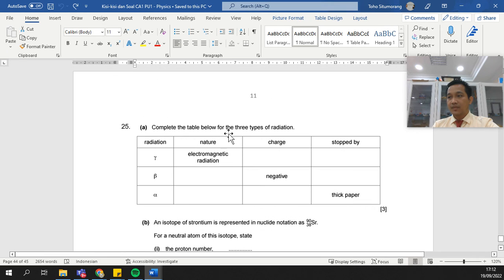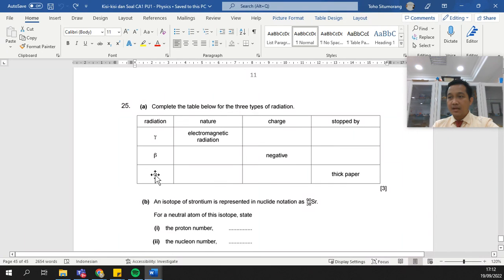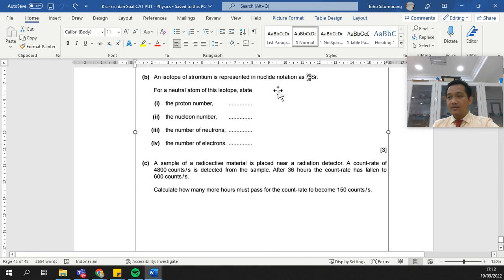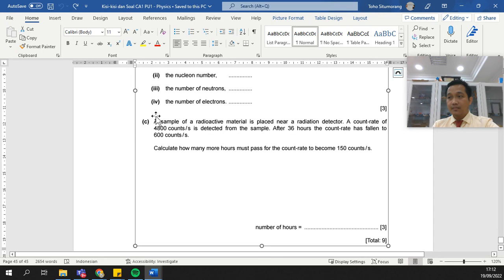Okay. About this, remember alpha is a helium nuclide. Beta is similar to electrons. While the other numbers you can check. But in letter C, most of the mistakes are in how you calculate how many more hours instead of how many hours, but how many more hours. Okay. So it's supposed to be 24 hours.